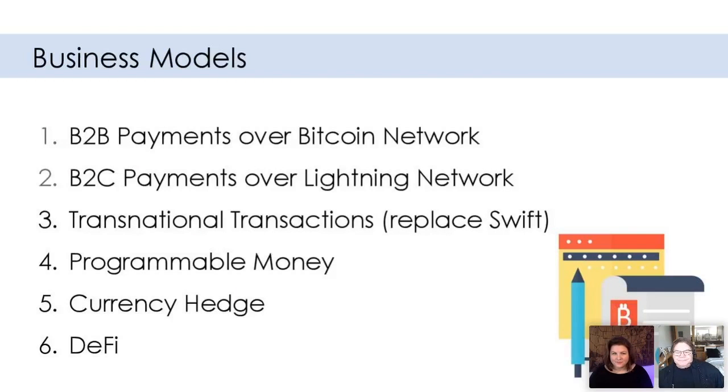So business models. Payments over the Bitcoin network, business to business. That's a pretty big use case right now, particularly the third point, transnational transactions, where you pay suppliers in foreign countries. Bitcoin goes there more easily than any other mechanism. Then there are B2C payments, both over Bitcoin and over the Lightning Network, so consumers buying things.